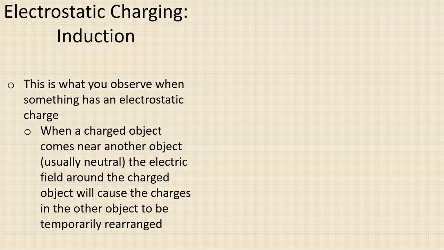Remember we said positive and negative charges attract each other because the electric field that the charge responds to reaches out beyond the object. So if you bring the charged object nearby another object, it will cause a temporary rearranging of the charges in the second object. That process and that result is what's known as polarization.